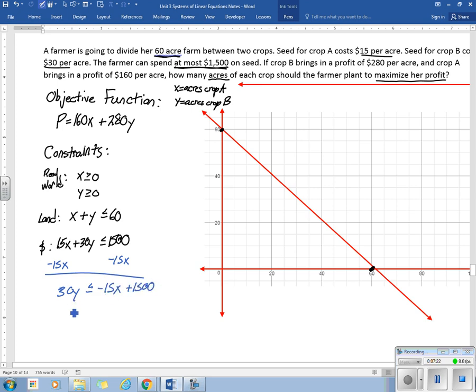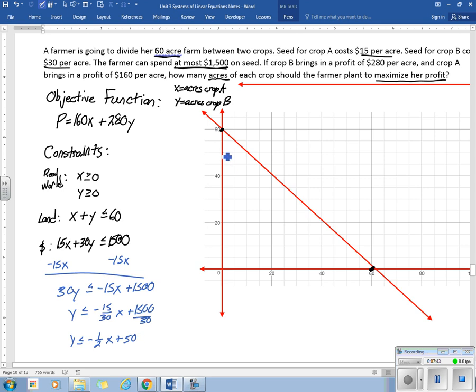We get y is less than or equal to negative 15 over 30x plus 1500 over 30, which reduces to y is less than or equal to negative 1/2 x plus 50, since 1500 divided by 30 is 50.